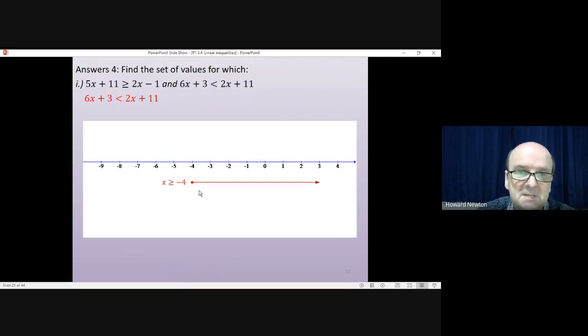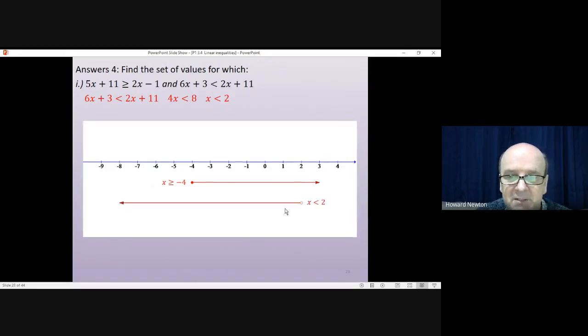Second one, 6x plus 3 is less than 2x plus 11. Just tidying that up a bit gives us 4x is less than 8, and then x is less than 2. Drawing the line for that, it'll start at 2, it'll head backwards, a hollow circle at the end because x can't actually equal 2. And the significant word here, because it is different in the other question, is the word and.